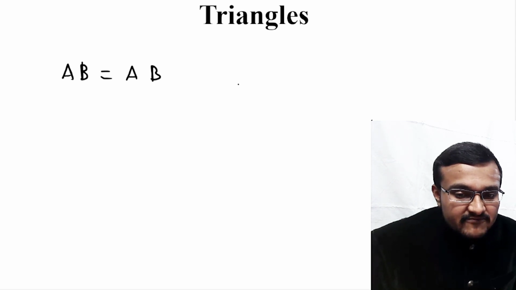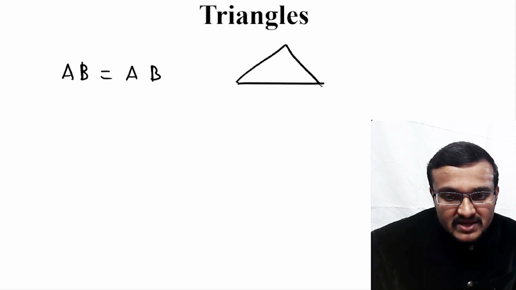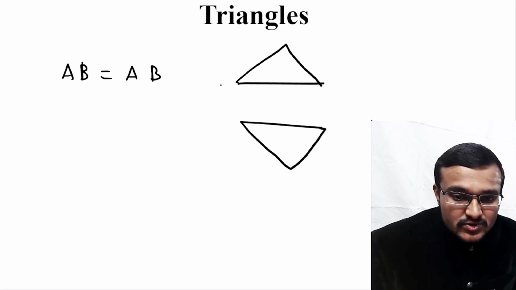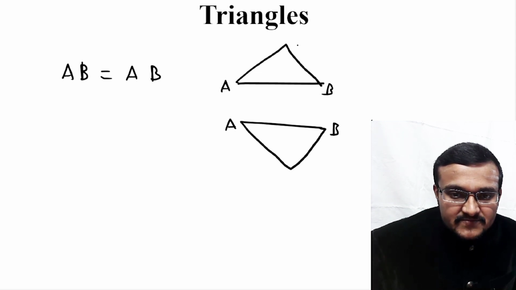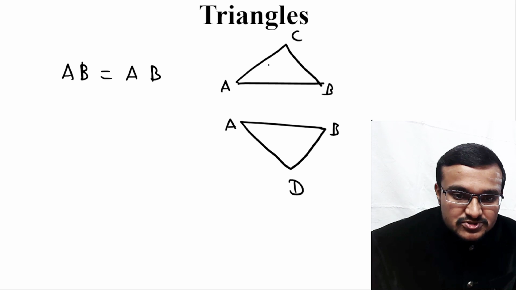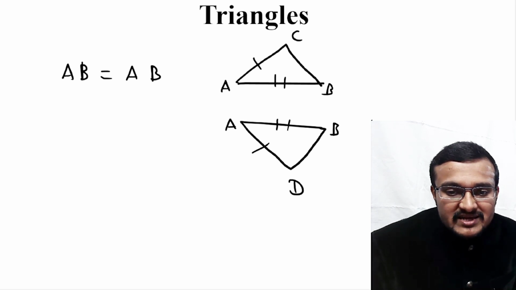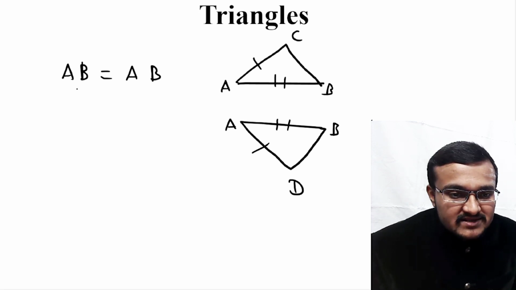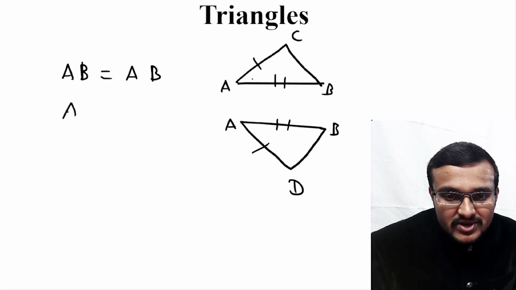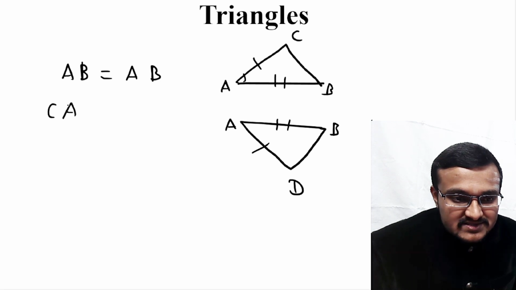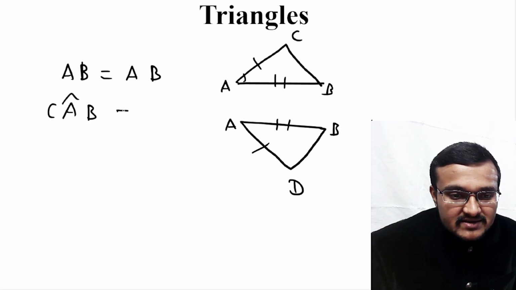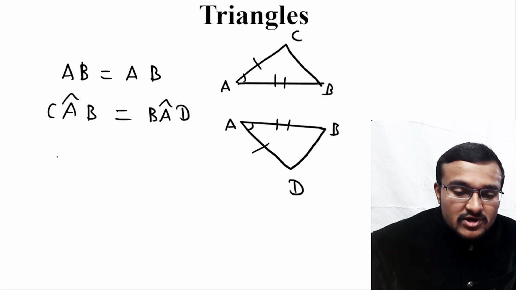If you are considering this diagram, I'm just writing it separately like this. Here we are considering two triangles. Here AB is there, the same AB I am writing here. Here C is there, here D is there. In these two triangles, AC is equal to AD, AB is equal to AB because AB is a common side for both triangles, and angle CAB and angle BAD are equal to each other.